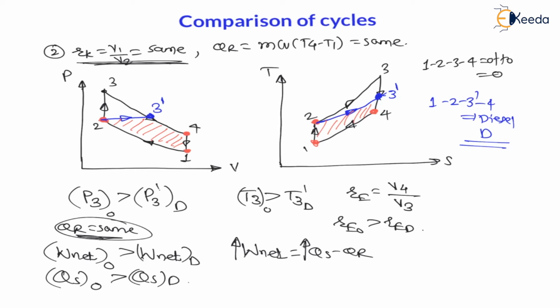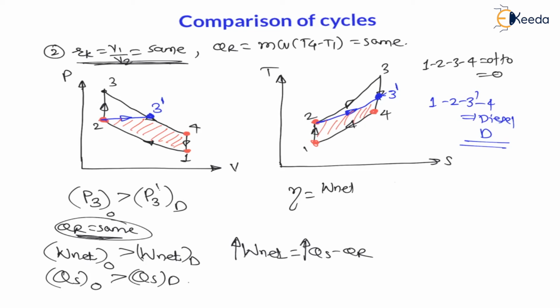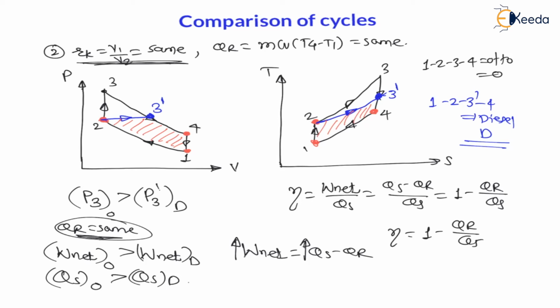Let us now compare efficiency, because efficiency is a very important parameter for competitive exams. They will ask you questions on efficiencies. Efficiency of any cycle is equal to W net divided by heat supply, or heat supply minus heat rejected divided by heat supply, or 1 minus heat rejected divided by heat supply. Here heat rejected is constant.